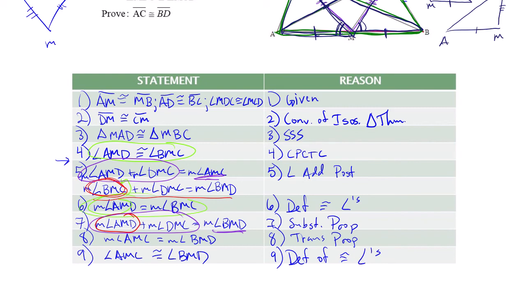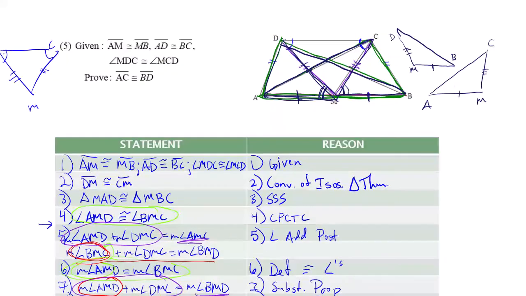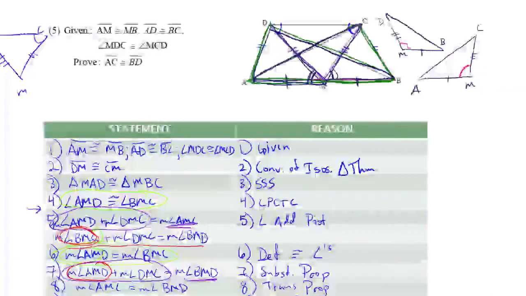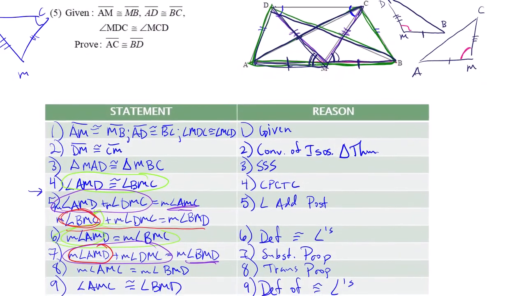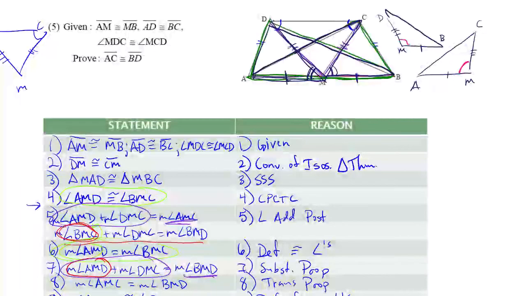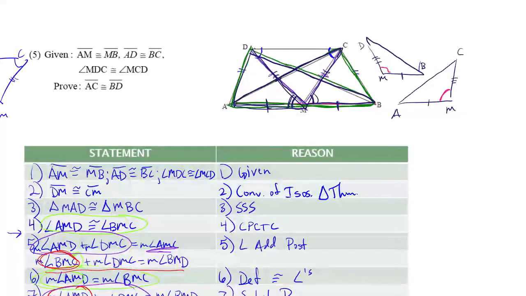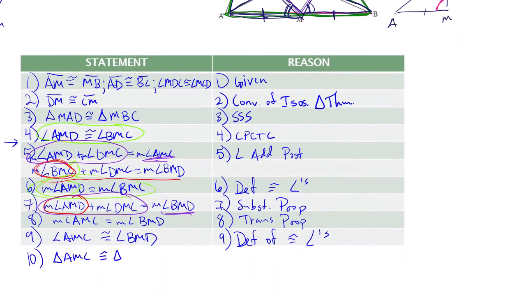Okay. And since they're congruent, now we can come back up here. We just proved AMC is congruent to BMD. And so now we have side angle side, right? So we can prove those two triangles are congruent. So triangle AMC is congruent to triangle BMD, as that's the corresponding order.